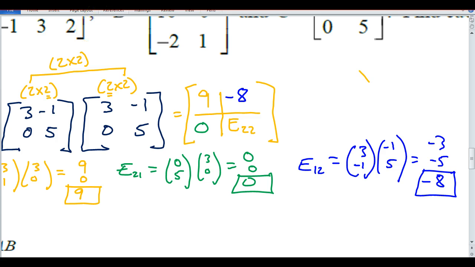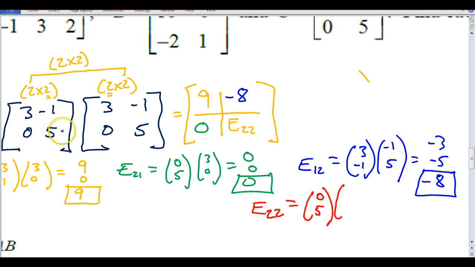Alright, last one. Okay, let's do element 2, 2. That's row 2, column 2. Row 2 is 0, 5.